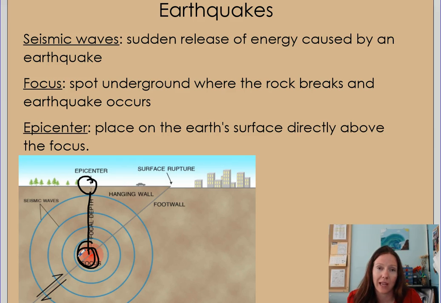Where the earthquake actually happened, where the rocks actually broke and split away from each other, is called the focus. The focus is the actual point where the energy release or the disturbance happened. The epicenter is the point on the Earth's surface that we can mark on a map, saying this is where it occurred, directly above the focus. And the seismic waves are sent out, travel out away from the focus.